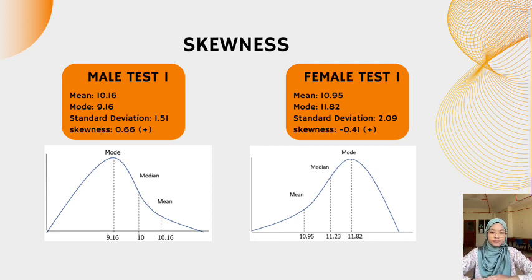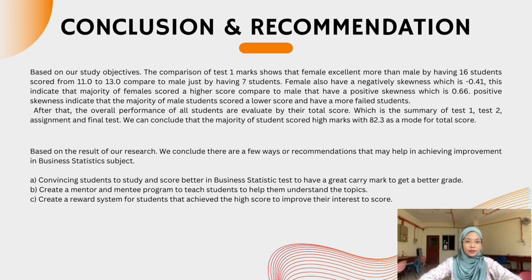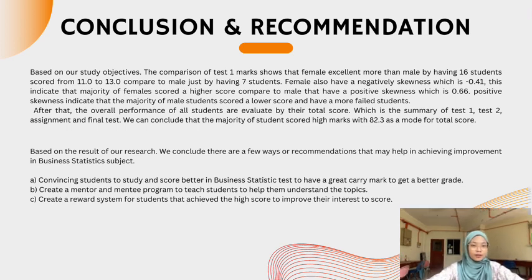0.41 skewness. Based on our study objective, I can conclude that female achieved more than male in test 1, by having 16 students scored from 11.0 to 13.0 compared to male, which is only 7 students. Furthermore, female also have a negative skewness of negative 0.41.